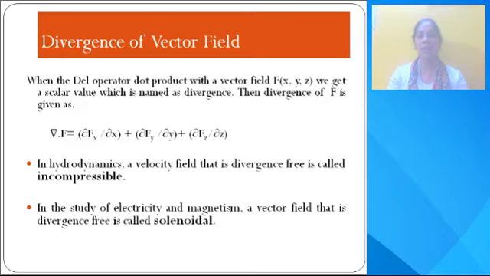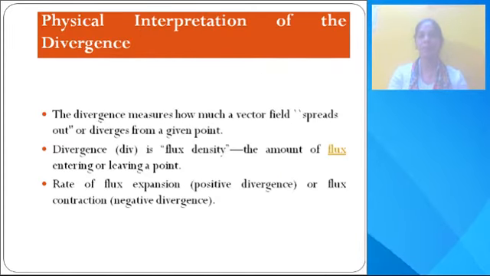In hydrodynamics, a velocity fluid field that is divergence free is called incompressible. In the study of electricity and magnetism, which is the next chapter and very important, a vector field that is divergence free is called solenoidal.